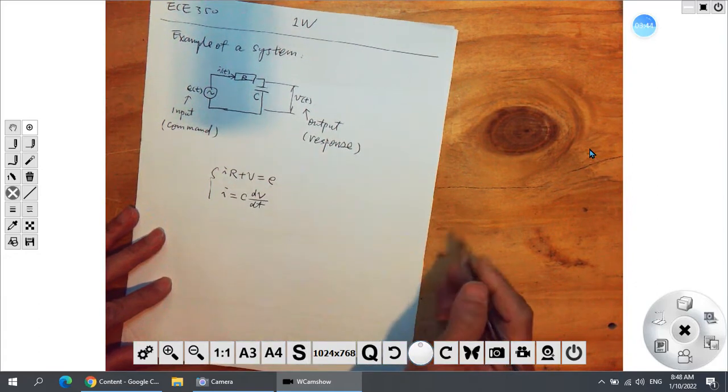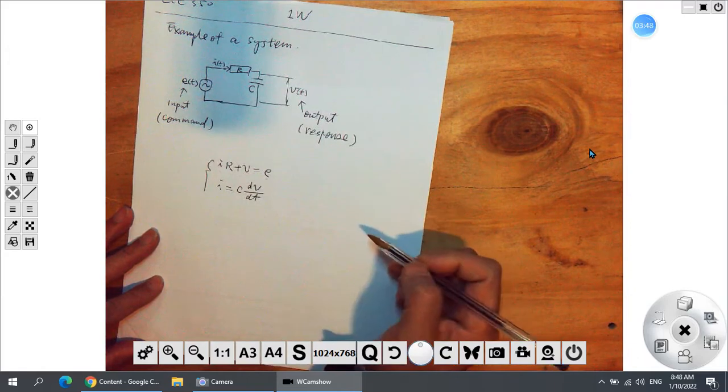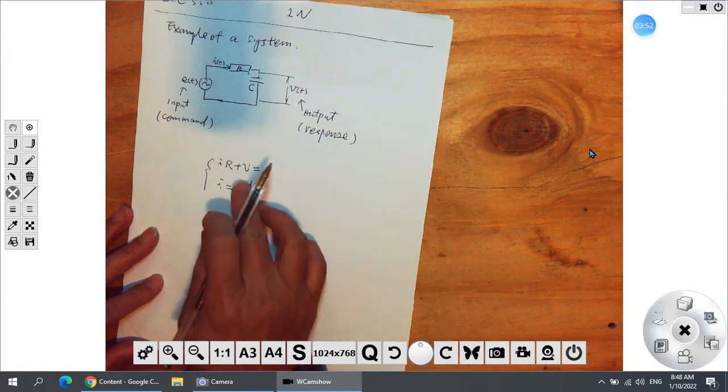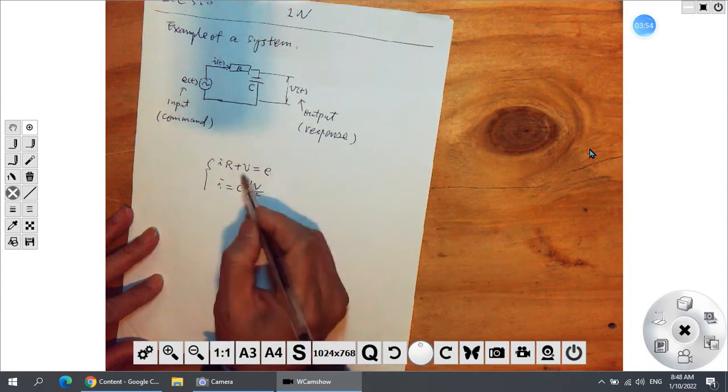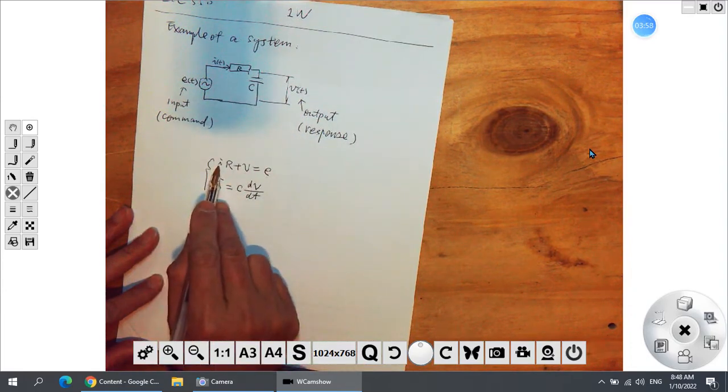Now we have two equations to describe this system. We can try to erase I, because we want to keep E and V. Just plug in.